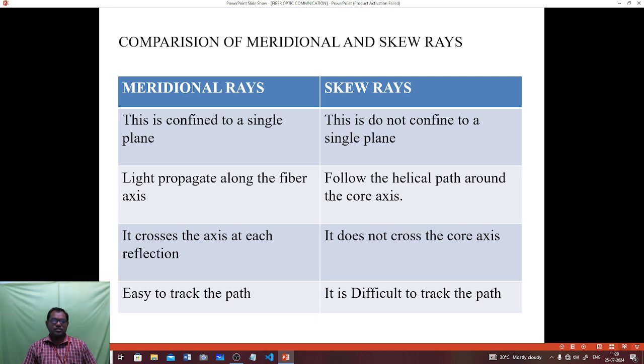A meridional ray crosses the axis at each reflection, but skew rays do not cross the core axis. It is easy to track the path in a meridional ray and difficult to track the path in a skew ray because of the helical path.